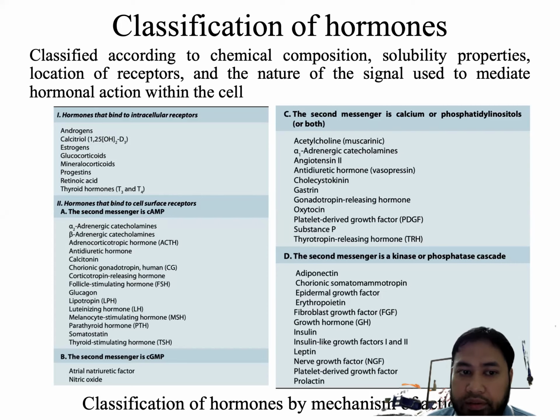The second one is hormones that bind to the cell surface receptors. So this is on the cell surface. The previous one is the intracellular receptors, meaning the receptor is located inside the cells.